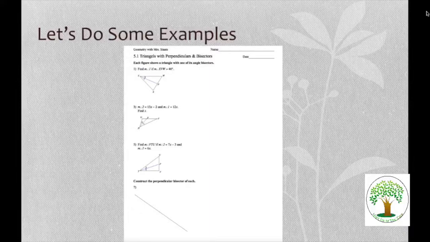All right, number 1. The instructions say each figure shows the triangle with one of its angle bisectors. We want you to find the measure of angle 1 if angle XVW is 46 degrees.